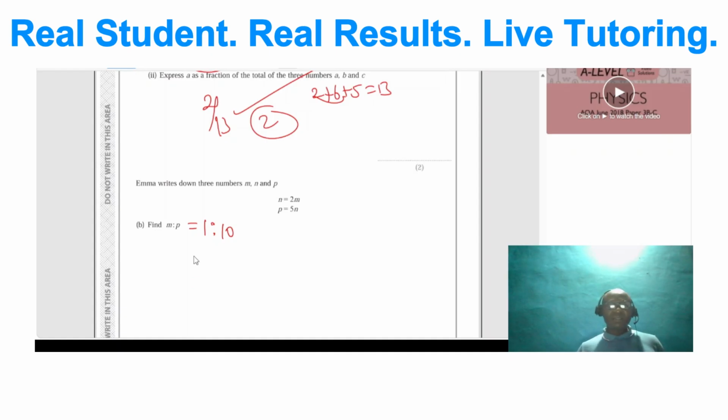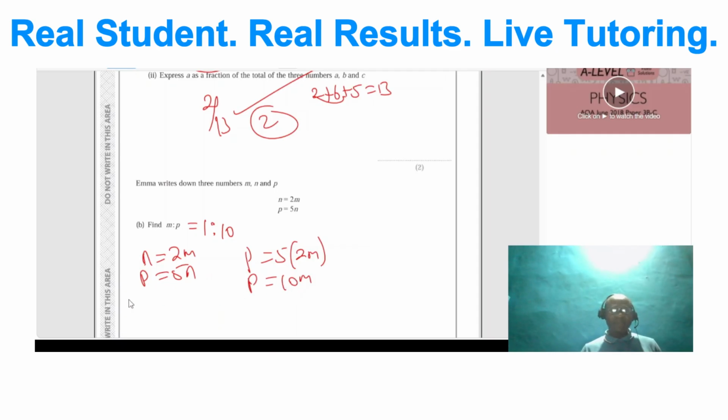Since we have it here that N is equal to 2M, P is equal to 5N. So in that case, P is the same thing as 5 multiplied by N, and the N is 2M. Making P equal to 10M. Very good.